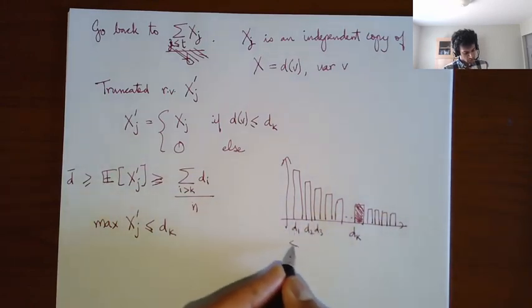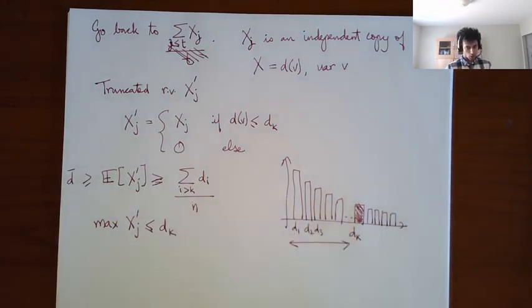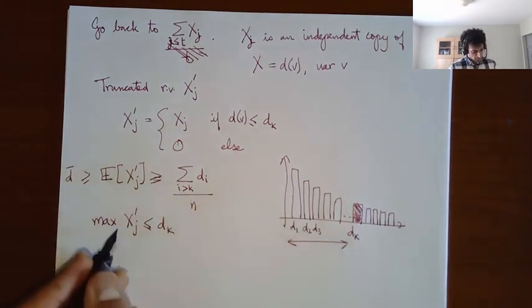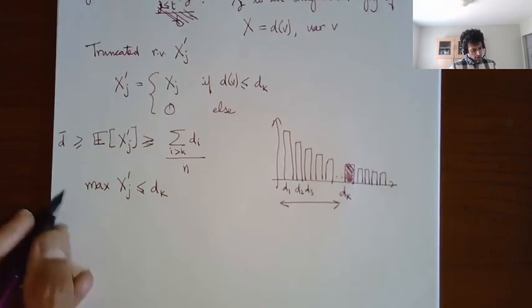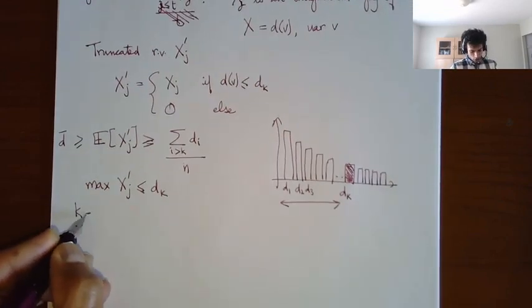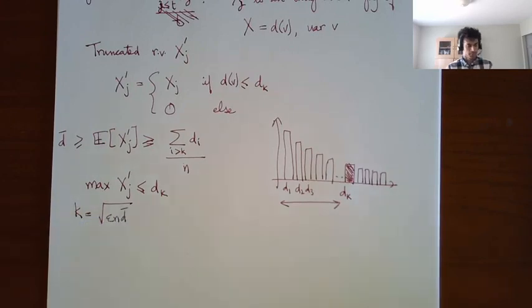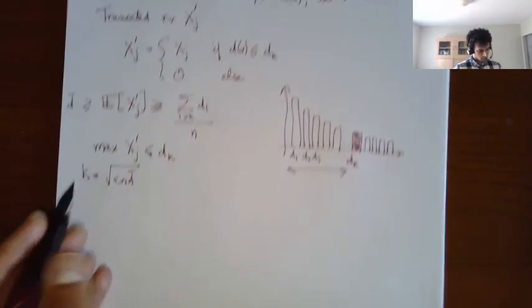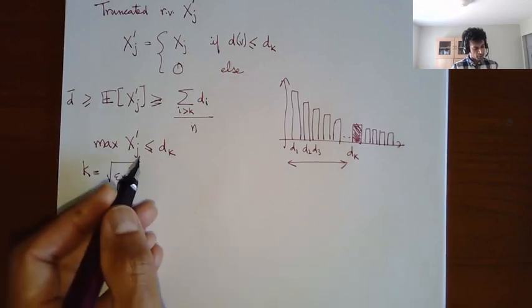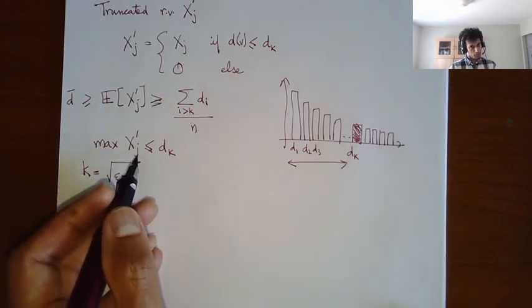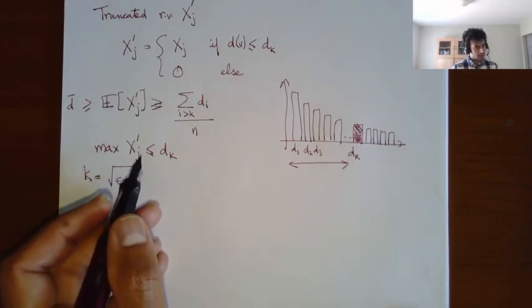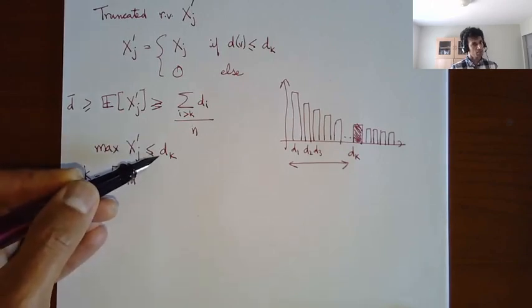So what we're saying is that we can effectively ignore the contribution of all of these entries. So recall k was epsilon n root d. Okay? So we know that the maximum value that this random variable can take is dk.